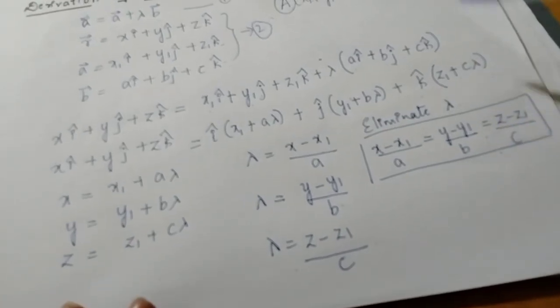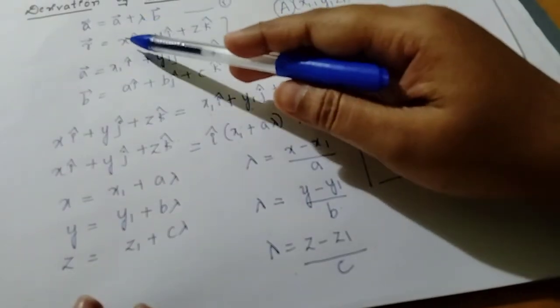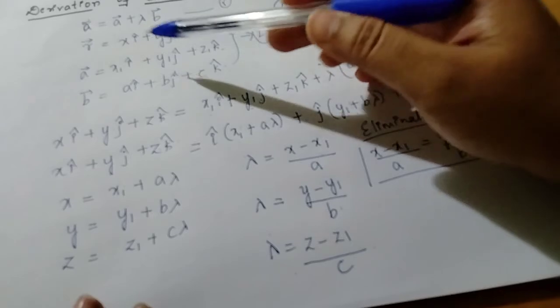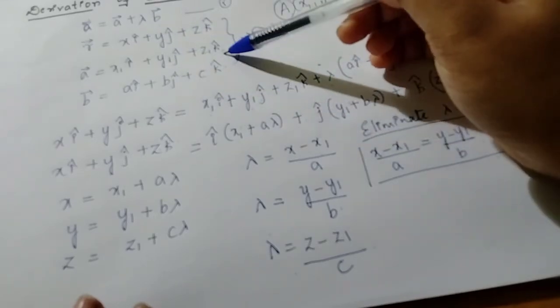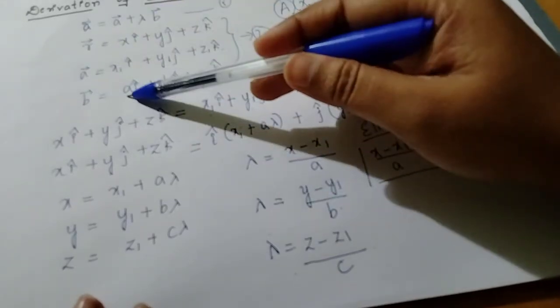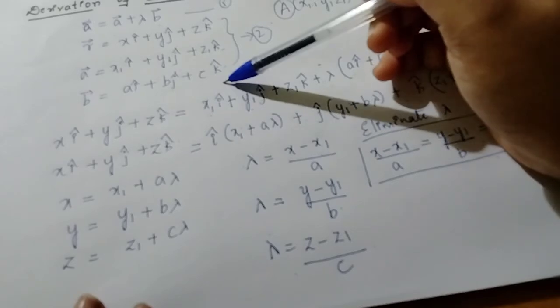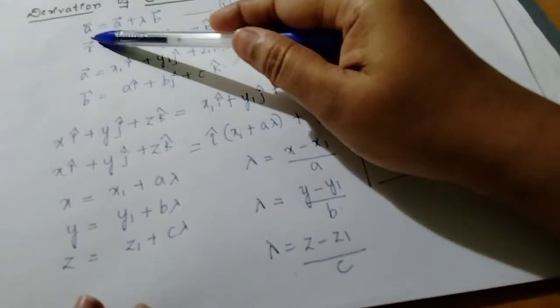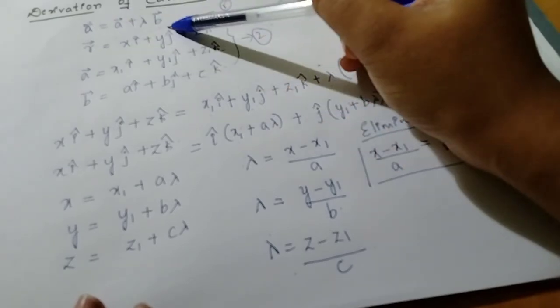Okay, so here what I have taken: first r value x, y, z. A value x1i plus y1j plus z1k, B value ai plus bj plus ck. Next, r is equal to a plus lambda b. Substitute r value, a value, b value.